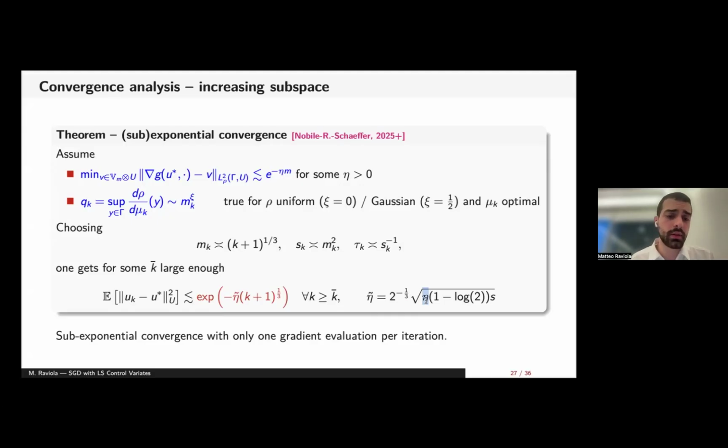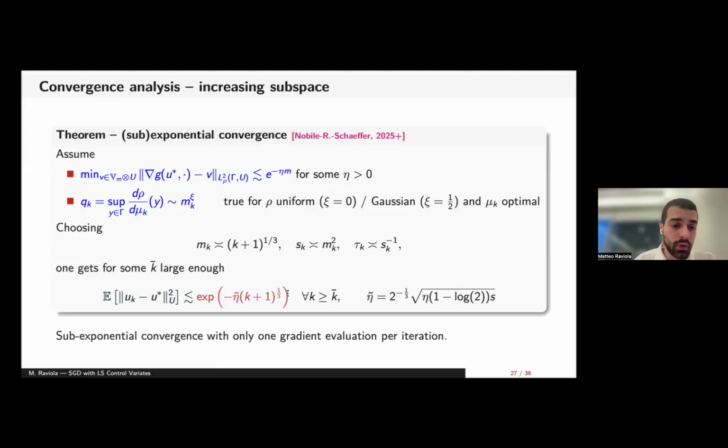So we have sublinear but super algebraic convergence with only one gradient evaluation per iteration. And so we almost achieve the starting goal, which was to have a SAGA type result where we re-achieve the good convergence of gradient descent, or not quite in this case, because we have this root 1/3.